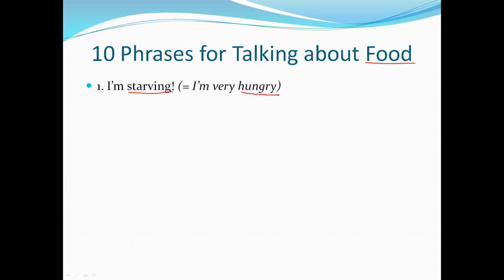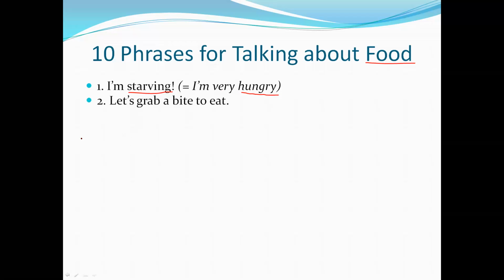To convey this, you can say I'm starving, or simply I'm hungry also. I'm very hungry means I'm starving. The basic meaning of starving is that you may die because of having no food, but here we should not take that meaning. Here you have to think that you are very much hungry. At that time you may say, I am starving.